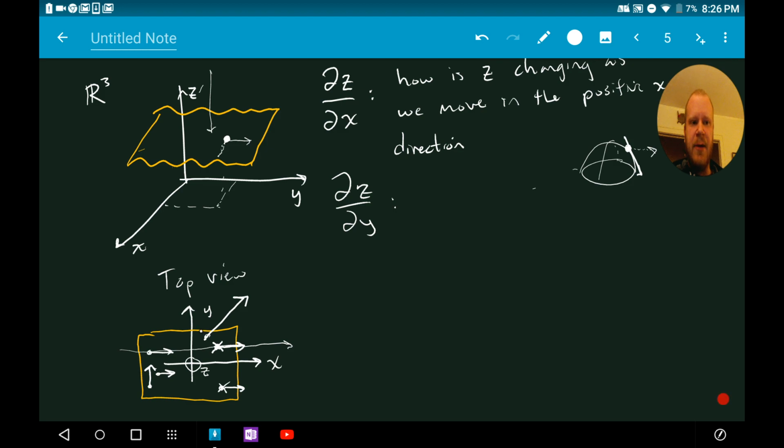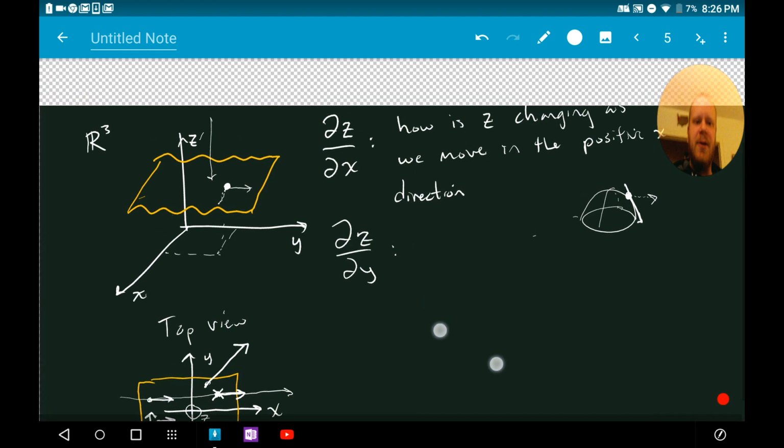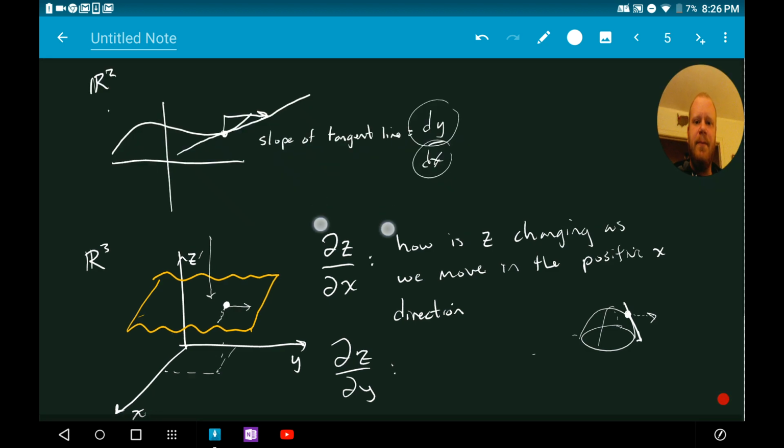We'll define that with vectors, and that'll be called directional derivatives. But for now, I just want you to recognize that we're doing the same thing that we did in Calculus 1: change in y with respect to x. Now we're just treating x and y like inputs, and z is going to be our curve. All right, so that's it.